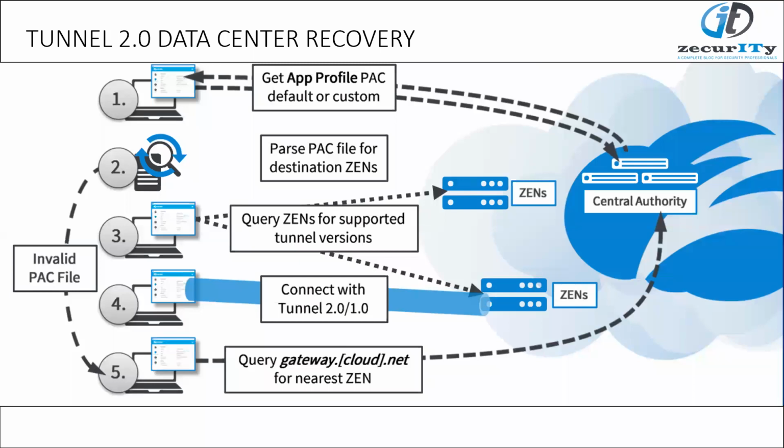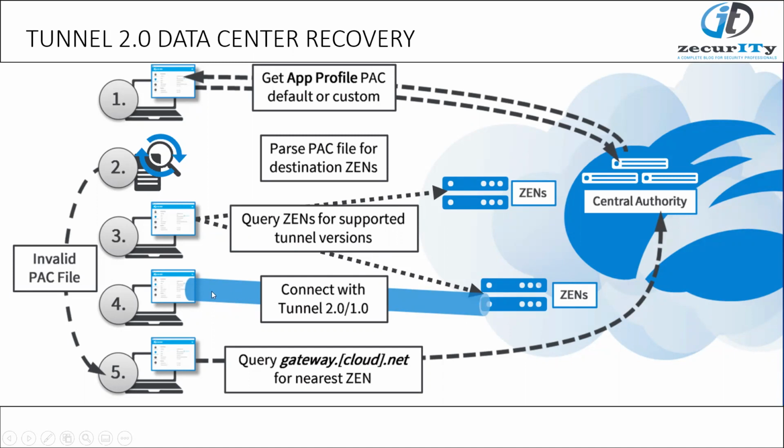In Tunnel 2.0 data center discovery, the Zscaler Client Connector gets the app profile PAC file from the central authority. Once the client connector receives the PAC file, it will parse the file for destinations. Once destinations are identified from the PAC file, the client connector will send a query to the nearest ZENs to understand their supported tunnel versions.